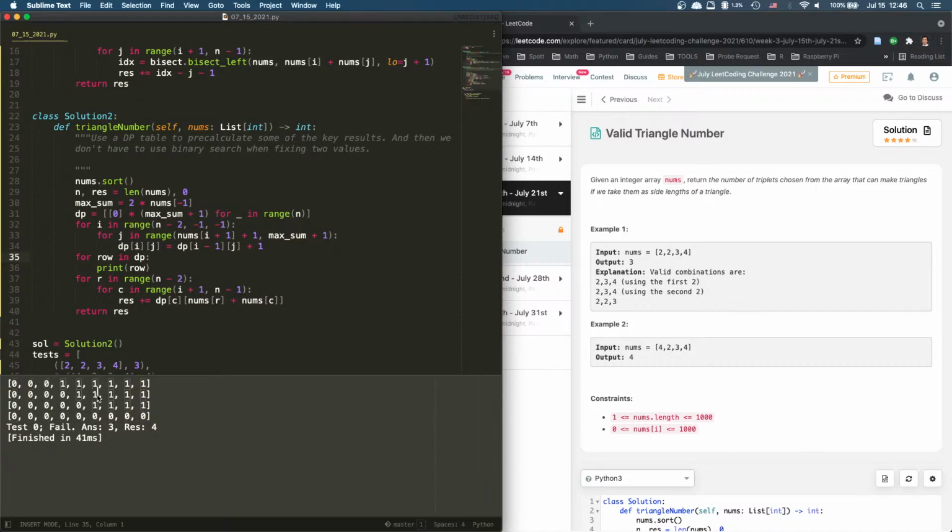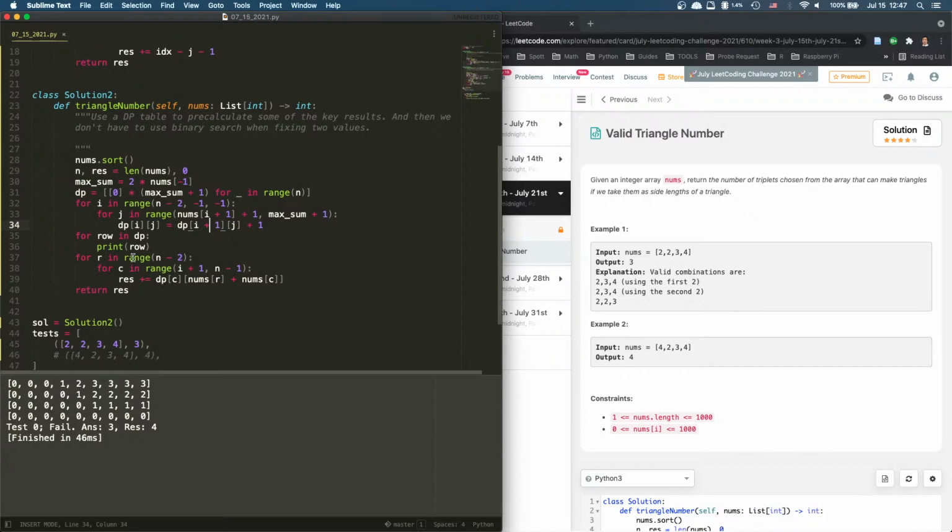Why? Nums i plus 1, num is 3, right? So 0, 1, 2, 3 plus 1 is 4, and then plus 1, and dpij, oh, i plus 1. Okay, well, we still have a problem. This one looks more promising. Now we're looking for row.